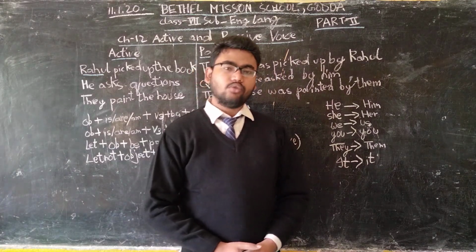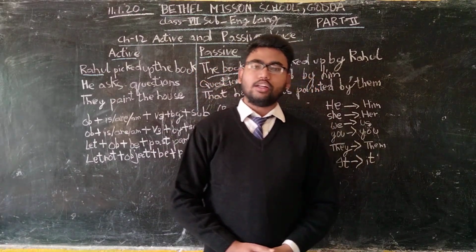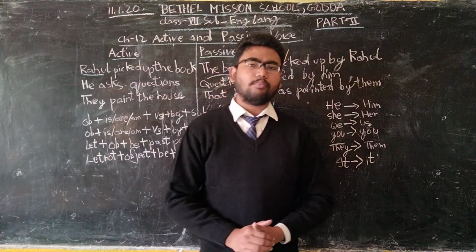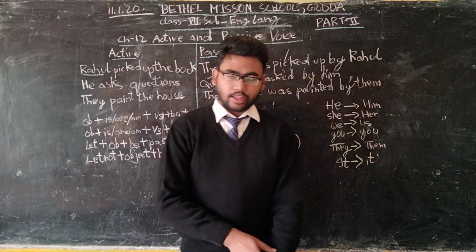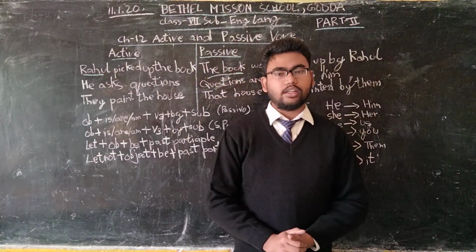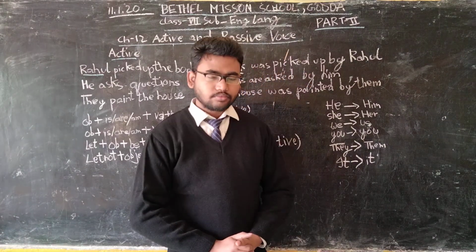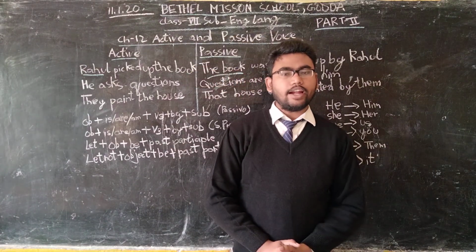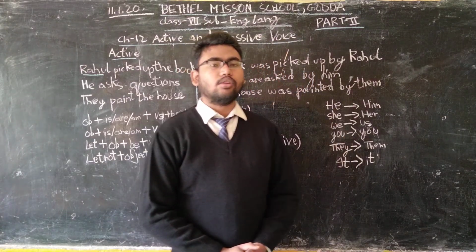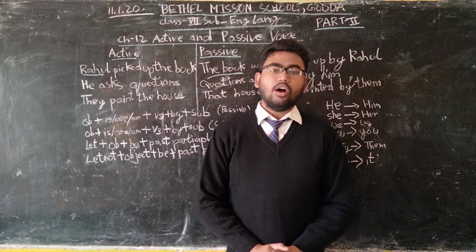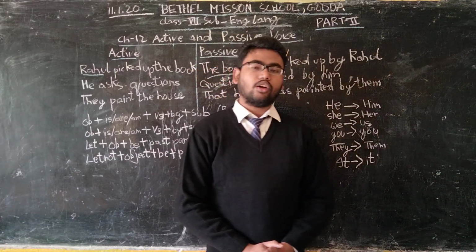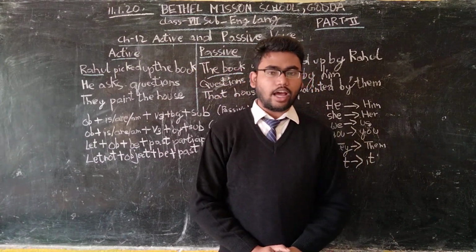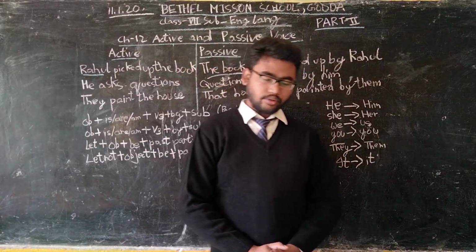In this part 2 we are going to learn some more formulas and some new ideas on how to write an active voice and a passive voice, so we do not make any grammatical mistakes in our grammar examination.